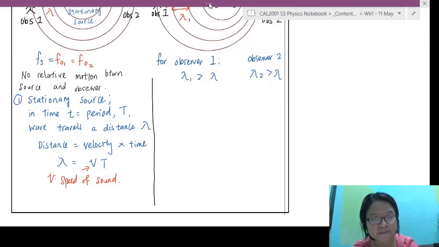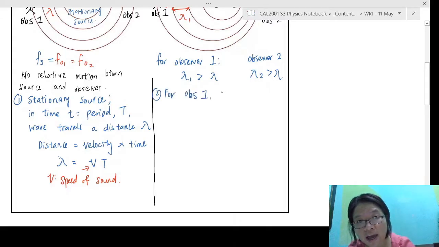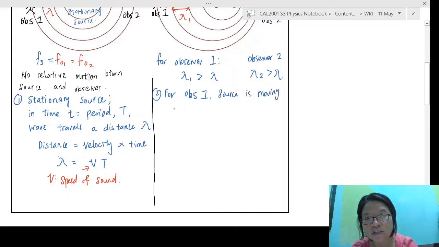Don't memorize. So what about the case of the ambulance moving? In the first case, for observer 1, the source is moving away. If the source is moving away, then the wavelength, or the wave, stretches.